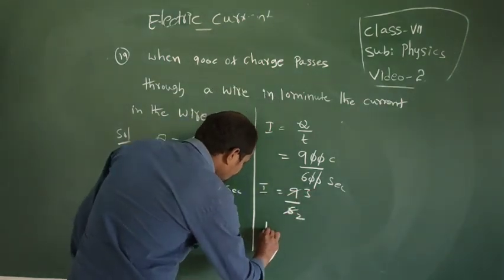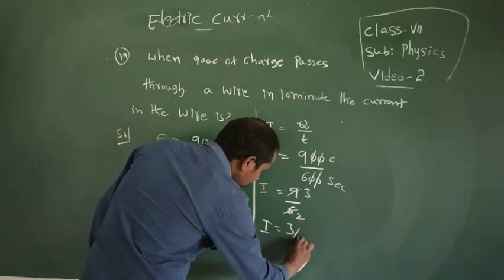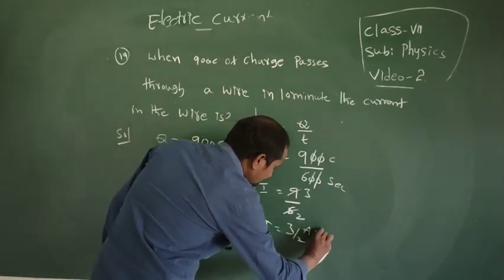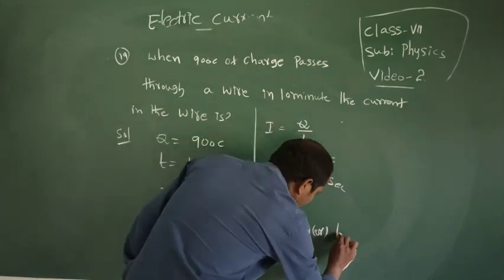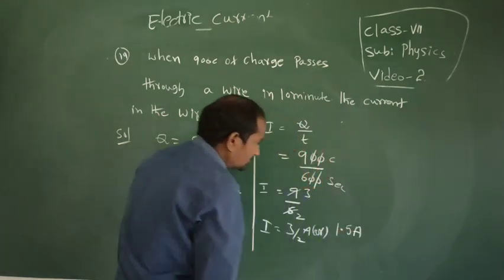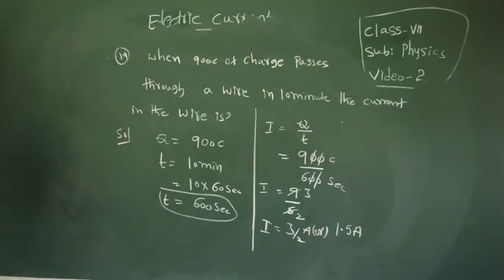So here I equal to 3 by 2 amperes, or we can write 1.5 ampere also. 1.5 amperes are 1.5 coulomb per second.